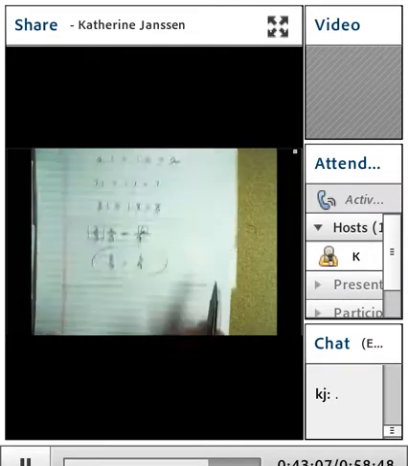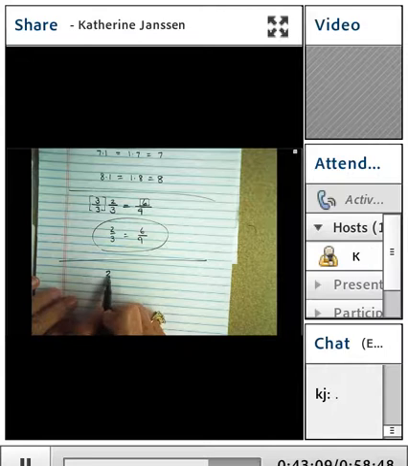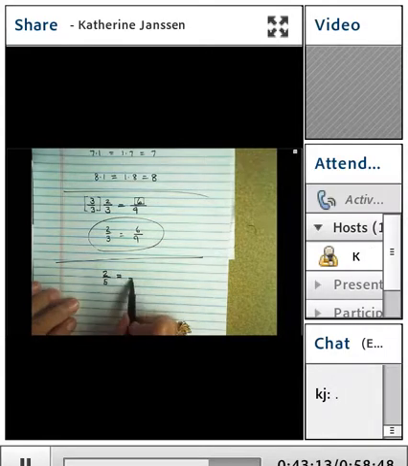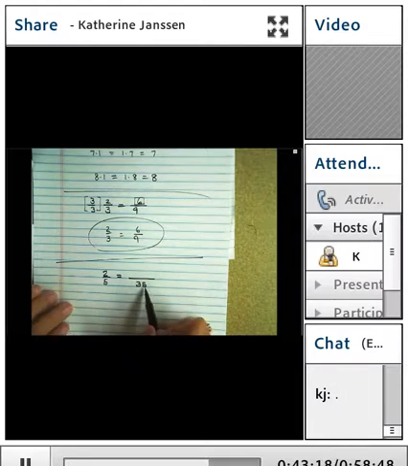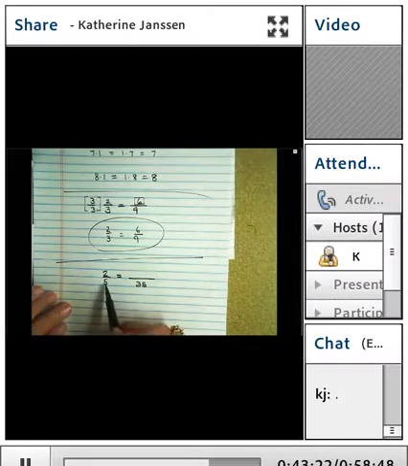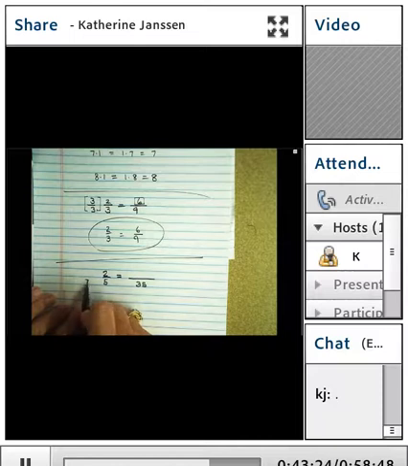Let's try another one. I have 2/5, and I want to make it equivalent in 35. So I need to have a denominator of 35, but I only have 2/5 right now. So 5 times what would give me 35? Well, that would be 7.